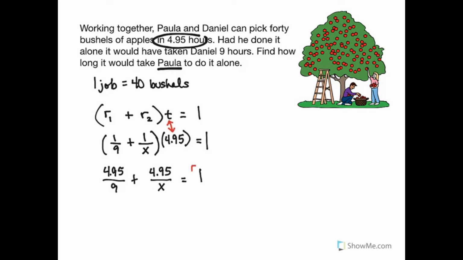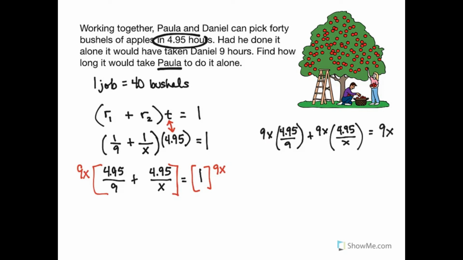The common denominator is 9x, so let's multiply everything by 9x. That gives me 9x times the first term, which lets me cancel some 9s, and 9x times the second term, which lets me cancel the x, and then 1 times 9x is just 9x.